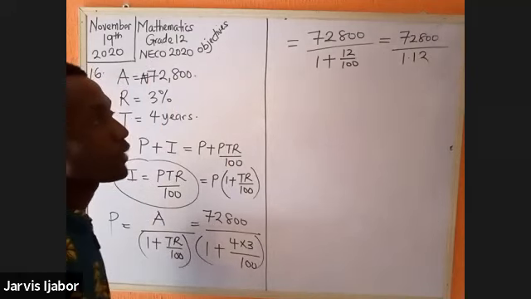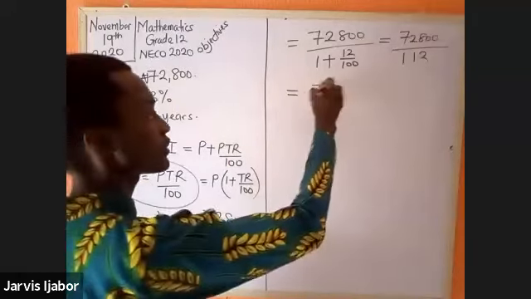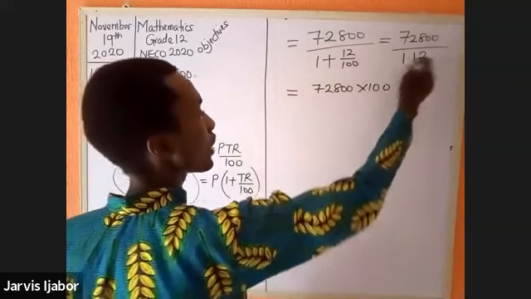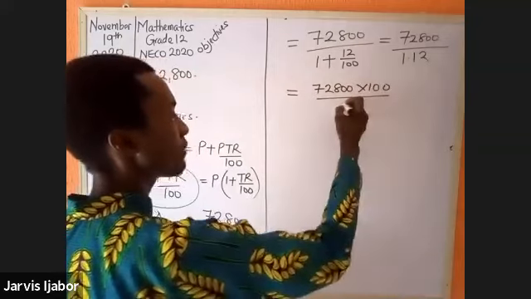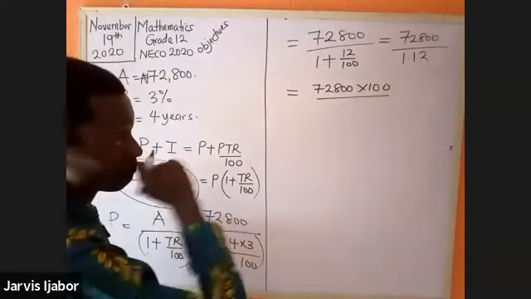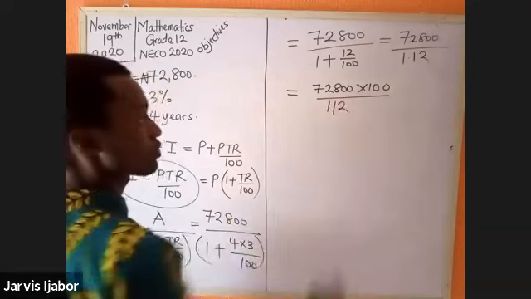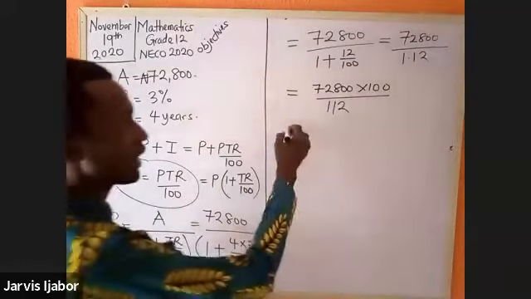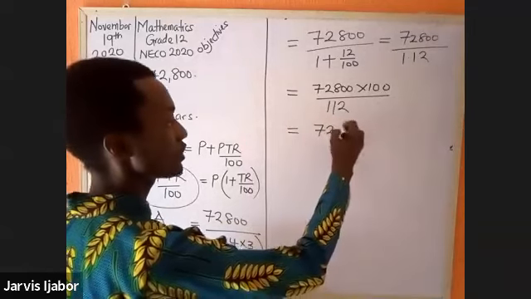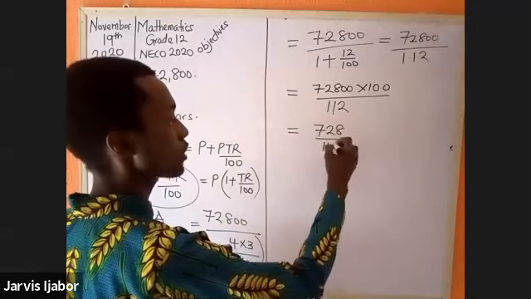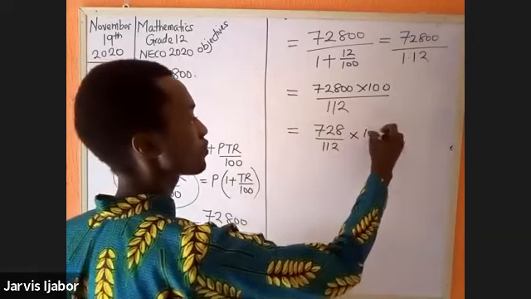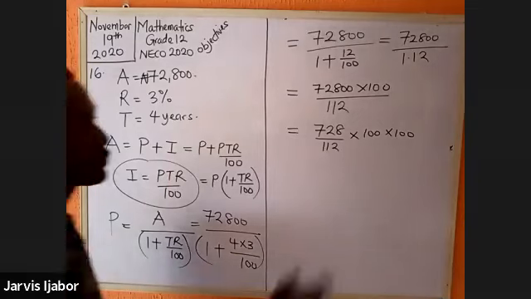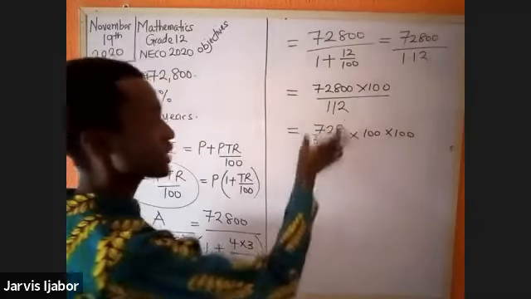Now, if I want to play with this, I'm going to have 72,800 times 100 divided by 112. So I can also do this by saying 728 divided by 112 times 100 times 100. What am I trying to do? I'm trying to reduce what I'm going to be working with.